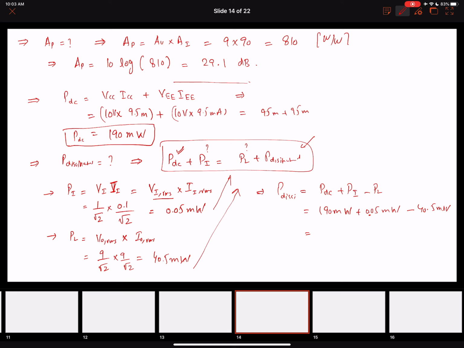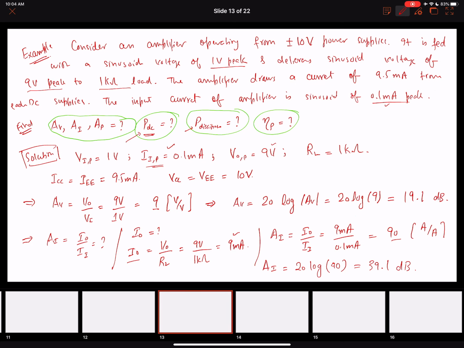The answer for that comes out to be 149.6 milliwatts for the value of the power dissipated. Actually, if you look at this number, this is quite a high power that is dissipated in the form of heat or other factors in the amplifier circuit.